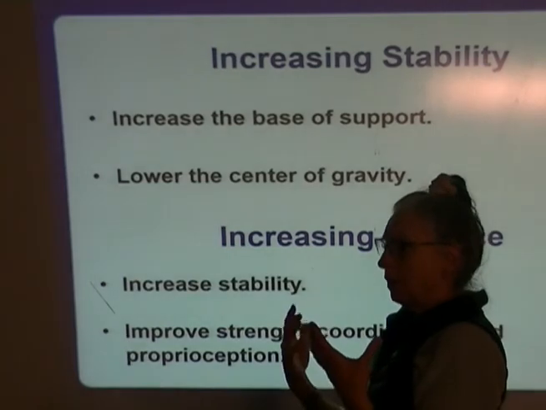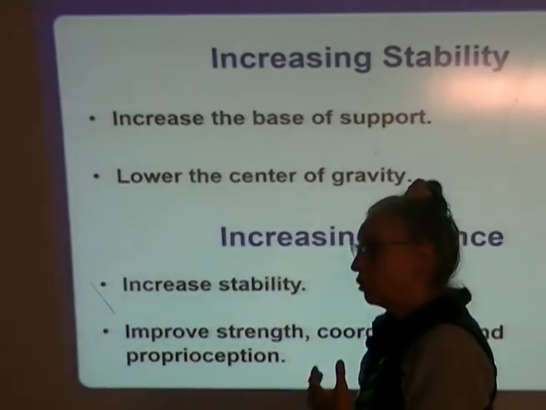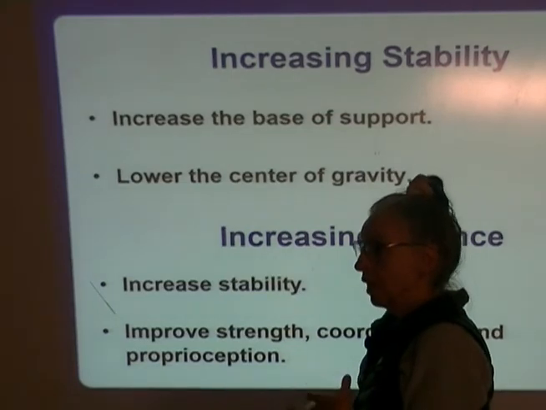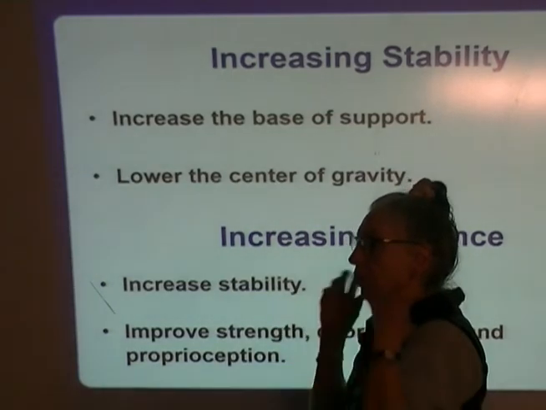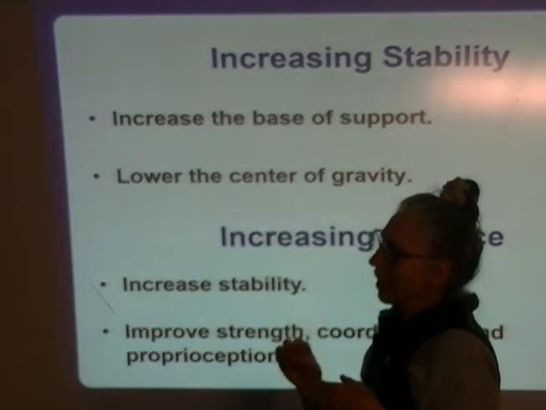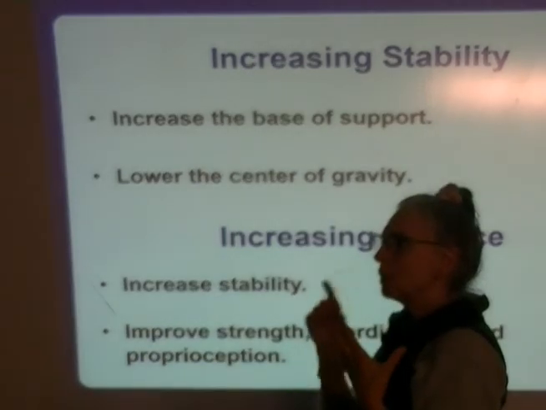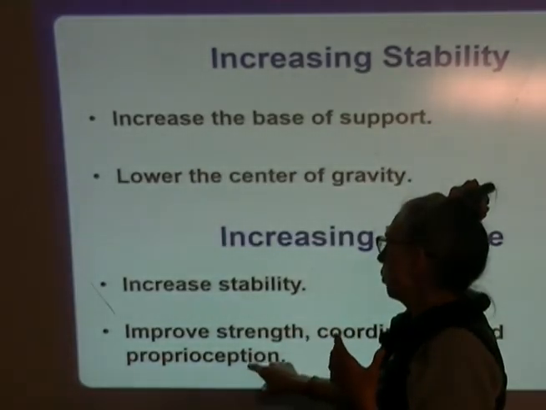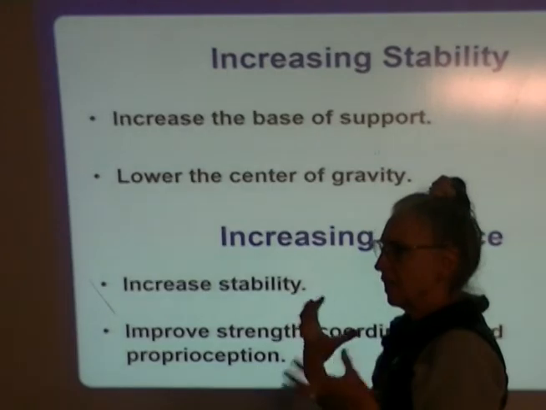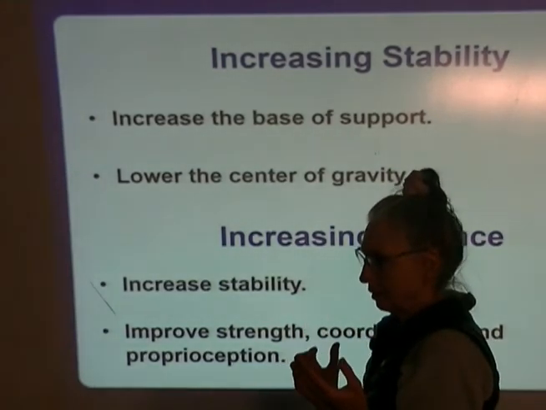This is why I recommend doing a lot of closed eye work with your PE students, with your clients, with your athletes, because we rely heavily on our vision to tell us what's going on. We don't always pay attention to all the proprioceptive and kinesthetic information that tells us we're going off balance.